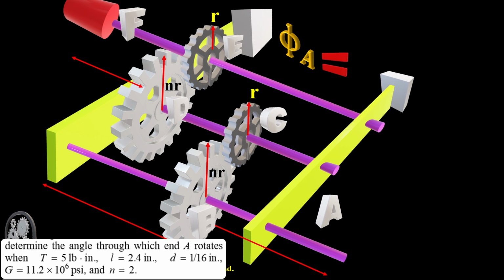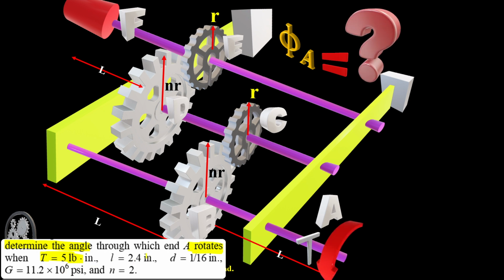So if we want to determine the angle of twist at A, when T is 5 pound-inches, L is 2.4 inches, diameter of solid shafts is 1 over 16 inches, G shear modulus is 11.2 times 10 to the 6 psi, and n is equal to 2.